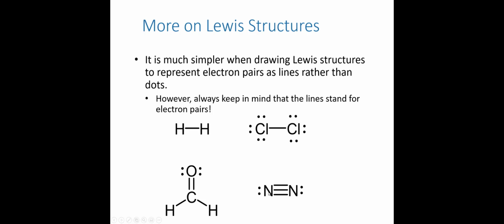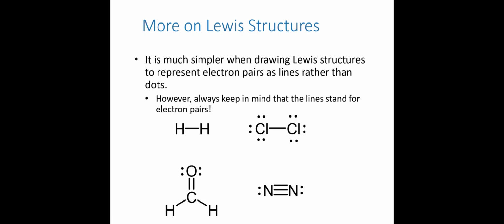This nitrogen has 2, 4, 6, 8 electrons. I could do the same for this nitrogen, 2, 4, 6, 8. Carbon has 2, 4, 6, 8. The oxygen has 2, 4, 6, 8, noting that the bonding pairs are double counted between the 2 atoms.